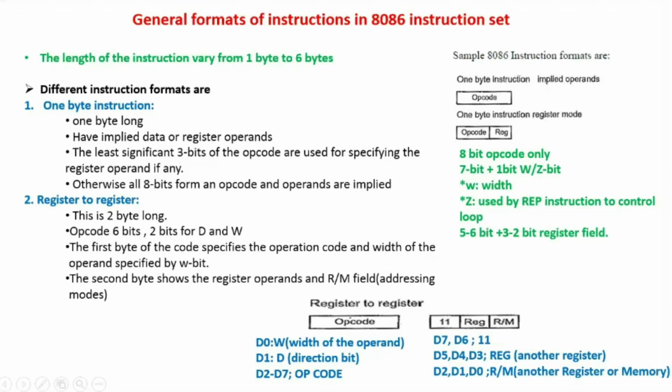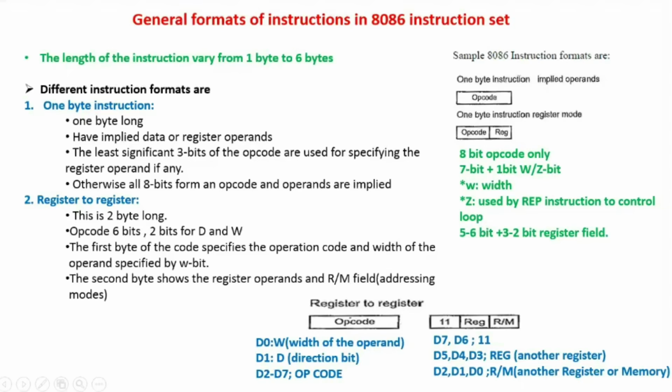See here, a sample 8086 instruction format for a 1 byte instruction is shown. The complete 8 bits are used as an opcode, or else we have an opcode and a register, where the lower order 3 bits will be used. So 8 bits are opcode only, or 7 bits plus 1 bit which is for W or Z bit. We will see what this W and Z bit is later.